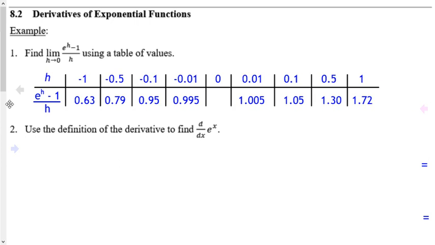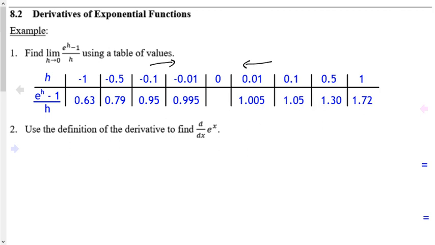Here's my table of values. As I approach 0 from the left, my values of this rational expression look like they're approaching 1. And as I approach from the right, it's similarly decreasing, but it looks like it's approaching 1.